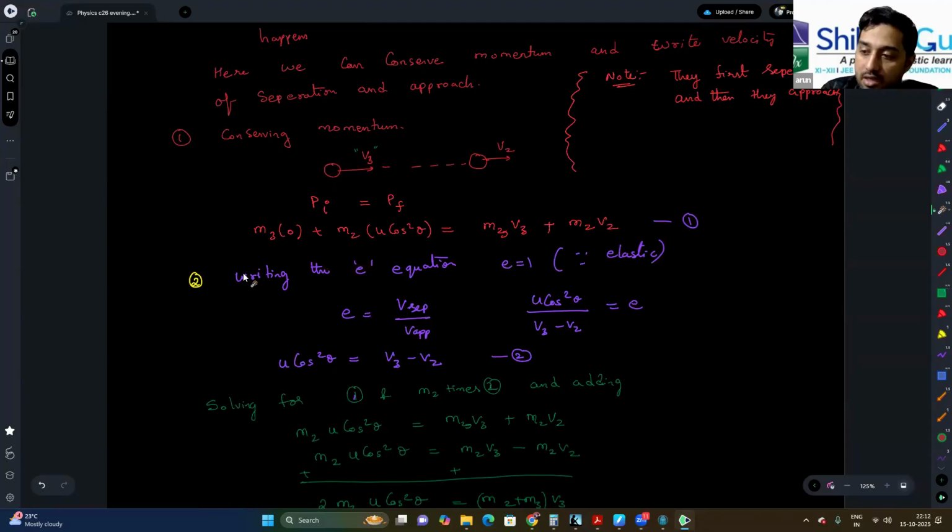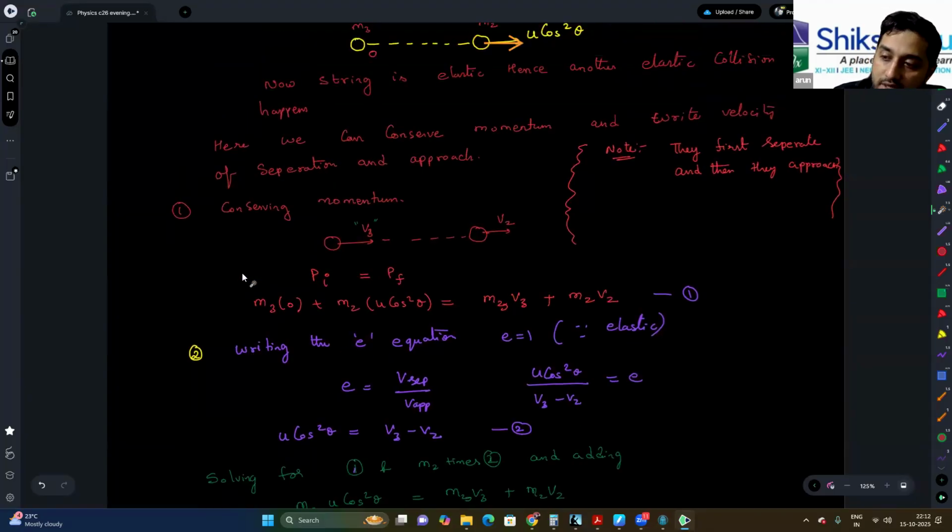The interesting thing here is that initially they are separating away. So u cos square theta is outward, they are separating away. Later on, after the impact, V3 will become more than V2 and they'll approach each other. Usually in our collision ideas, a particle first will approach, then collide, and then separate. So this is kind of an inverse of collision, where they first separate and then approach.